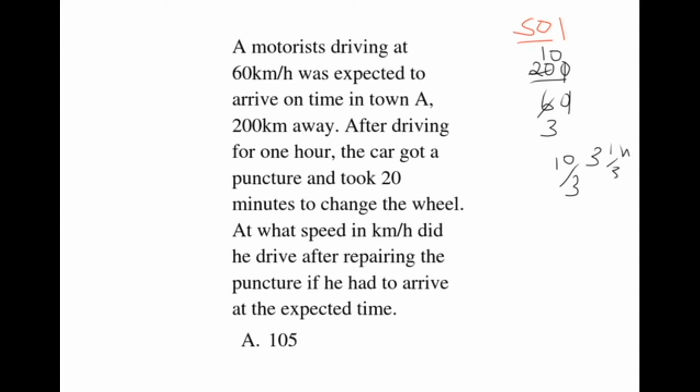Convert the 1 over 3 hours into minutes by multiplying by 60: 60 divided by 3 is 20. This is 3 hours, 20 minutes. So, it was supposed to take 3 hours, 20 minutes.